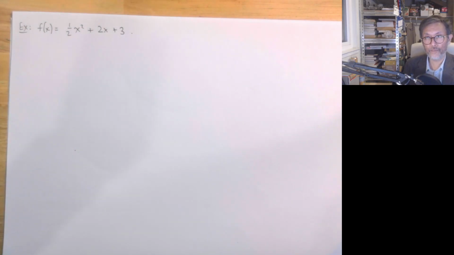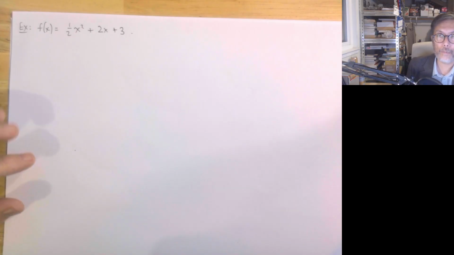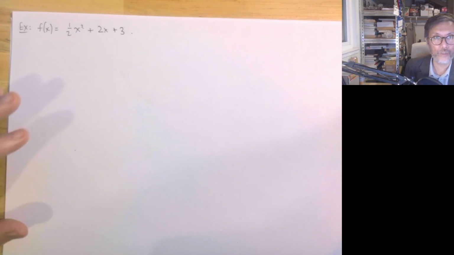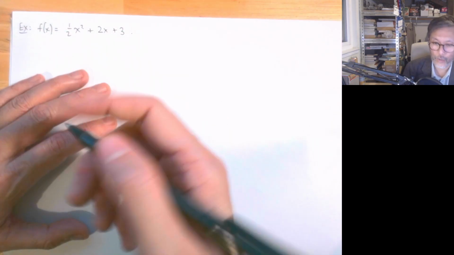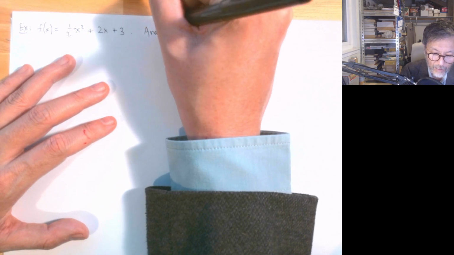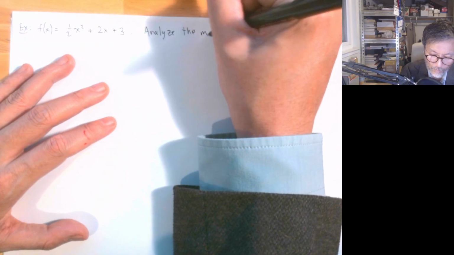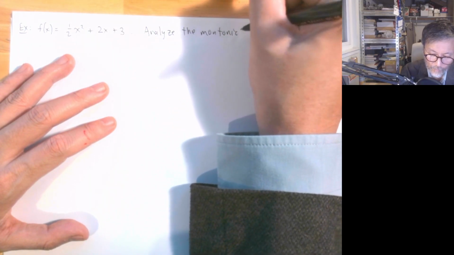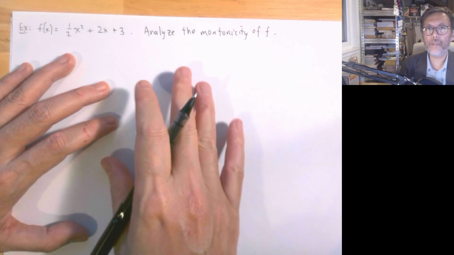And we're interested in figuring out where that parabola represents an increasing function and a decreasing function. And we're going to see that this is represented by a mix of the two. Here's the question that I want to ask. Let's analyze the monotonicity of f in this case. So what do I mean when I say this?